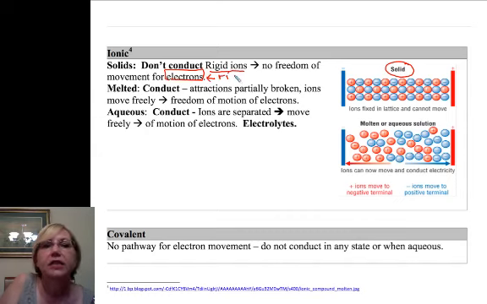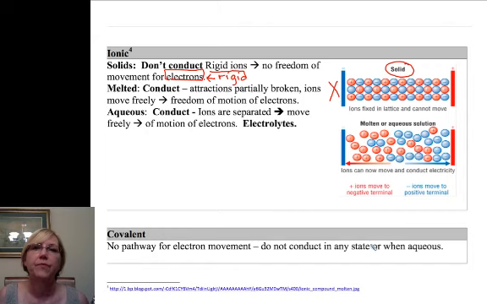So there is no freedom of movement of electrons. So solids don't conduct. Again, we'll get out some conductivity meters during our lab, and we can show you that if you stick it in some table salt, it's not going to conduct electricity.